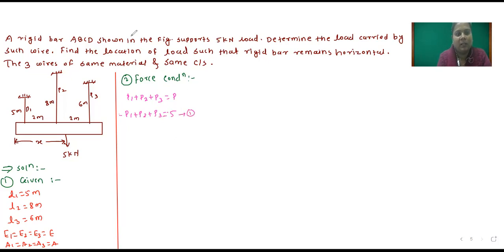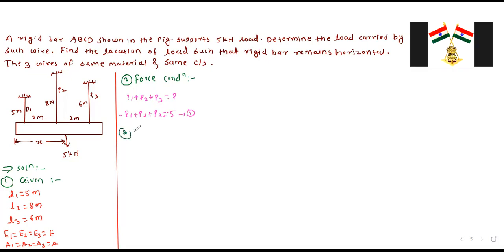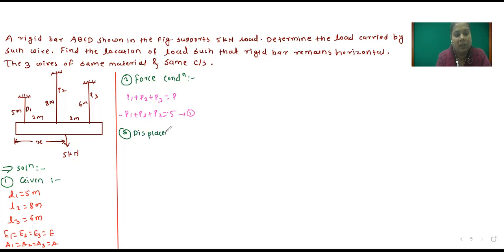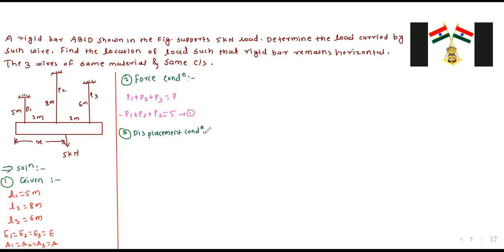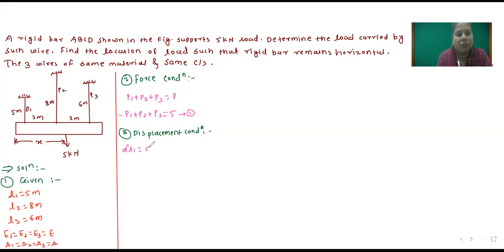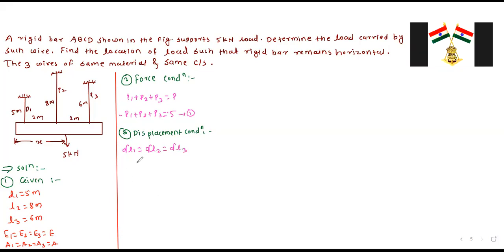After that, we will apply the second condition, that is the displacement condition. Here the change in length in rod 1 is equal to the change in length in rod 2, which is equal to the change in length in rod 3.